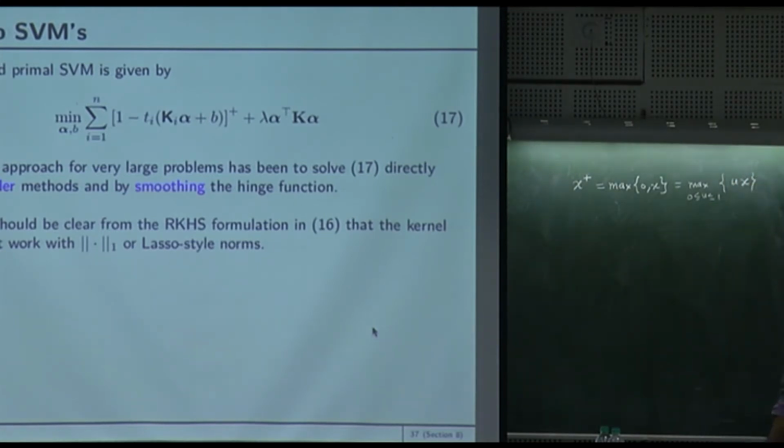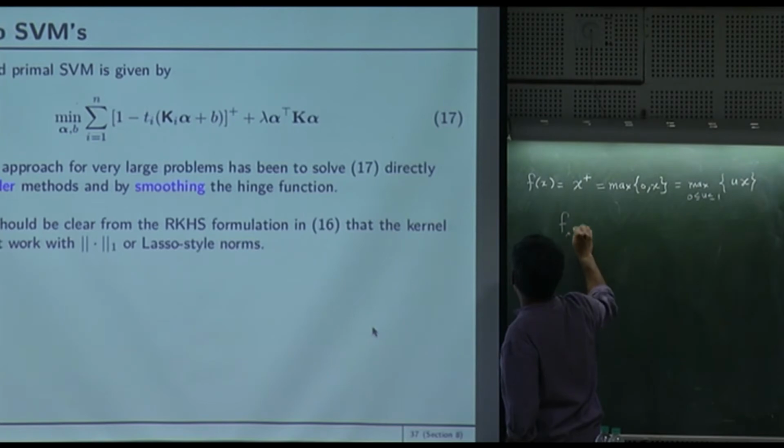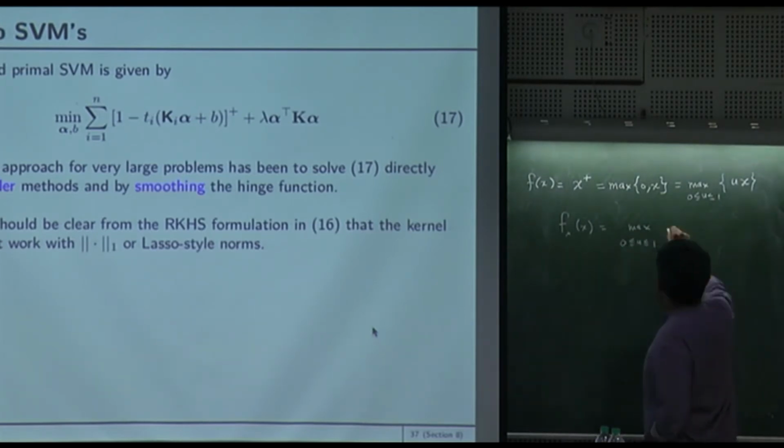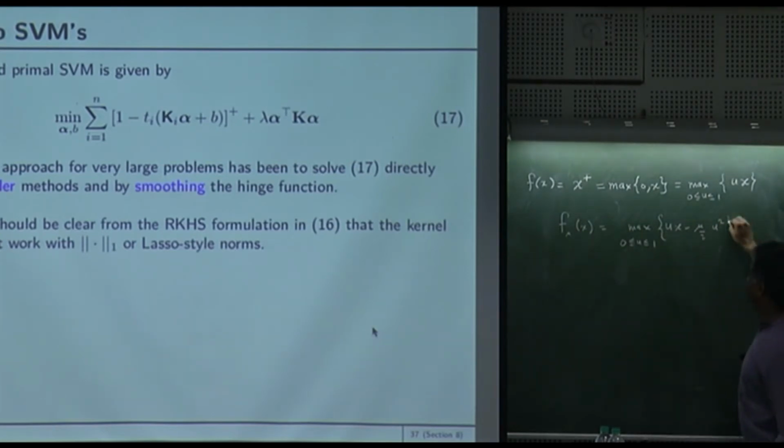Now if you want to smooth this object, you define a new approximation. Let's call this function f of x. Now you define f mu of x, which is the maximum over u between 0 and 1 of u x minus mu over 2 times u squared. So you penalize it a little bit.